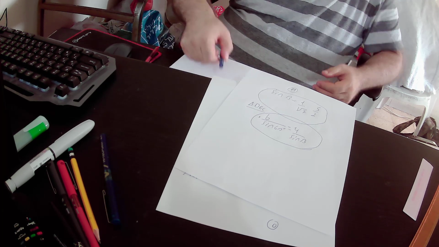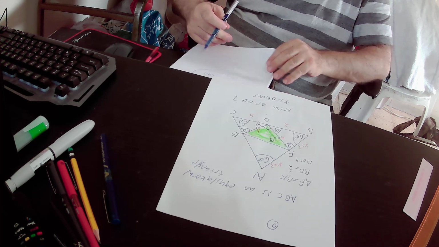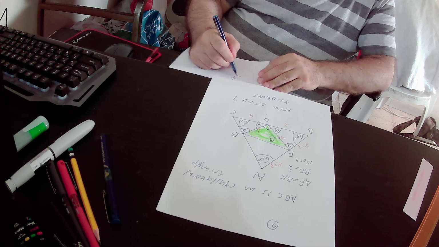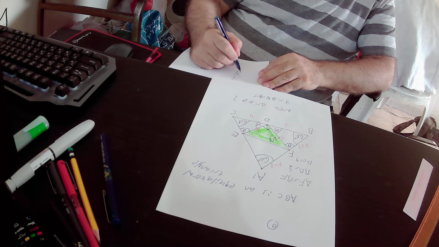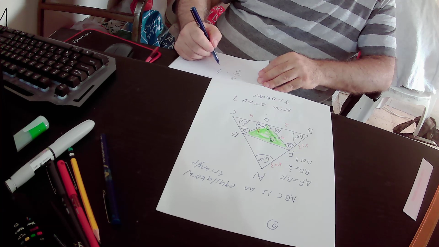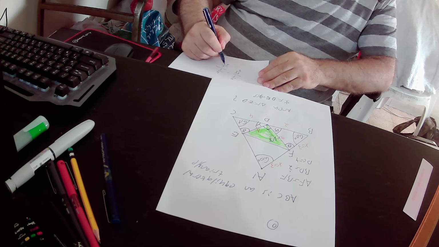Okay, so we put the data inside this equality: b over root of 3 over 2 equals 4 over 5 over 2 times root of 7.